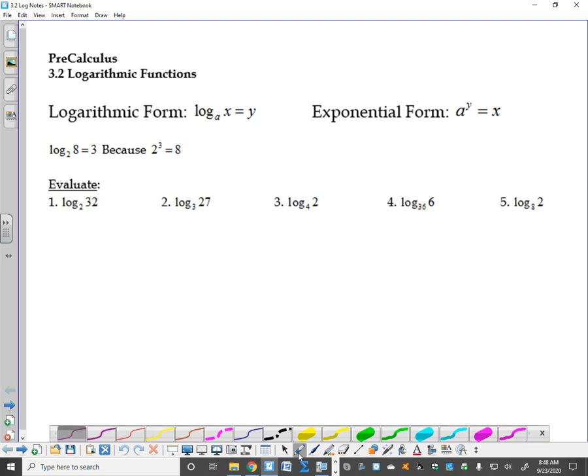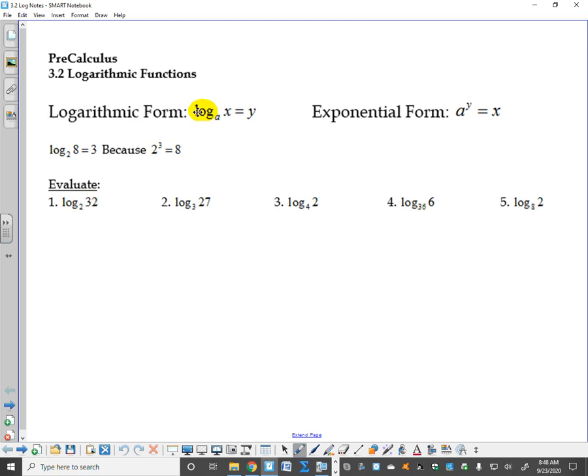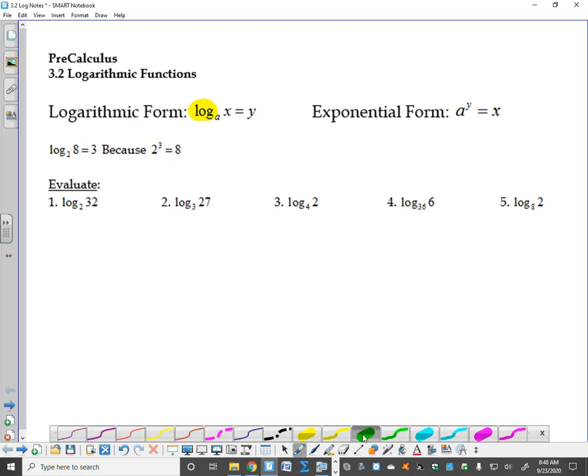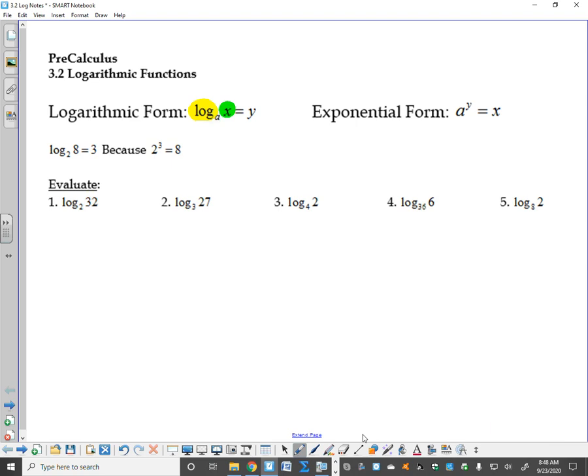So the basics of a log is that it has two different levels. It has the log, then this is what you're logging. So this is log of x. This is not log times x.